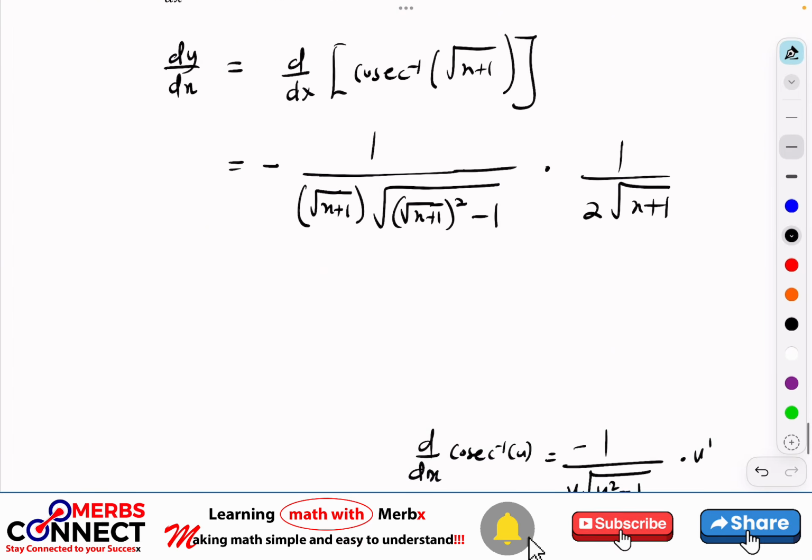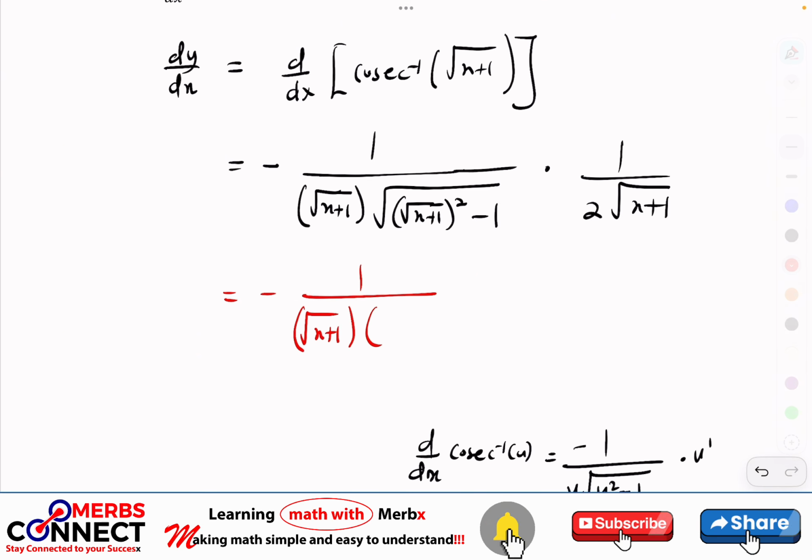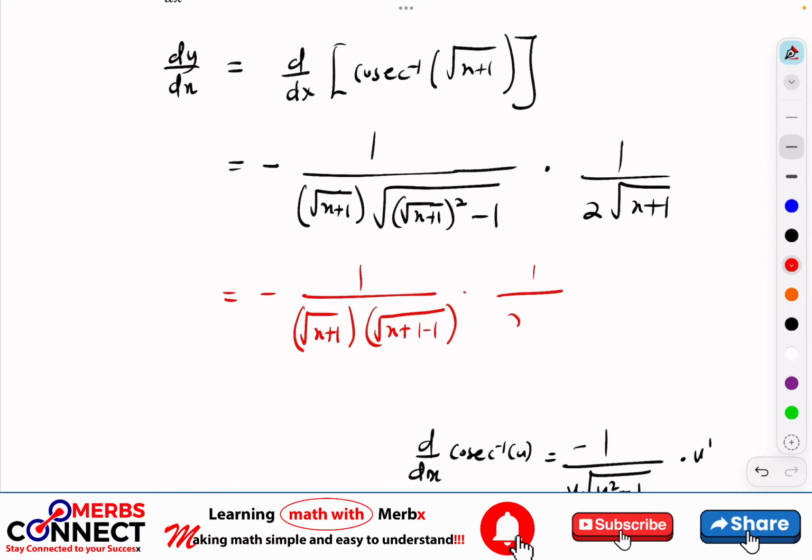Beautiful. Let's see if we can do some small simplification. So square root of x plus 1 in parentheses: when I square it, the square cancels the square root, so I'm left with x plus 1 minus 1, times 1 over 2 square root of x plus 1.